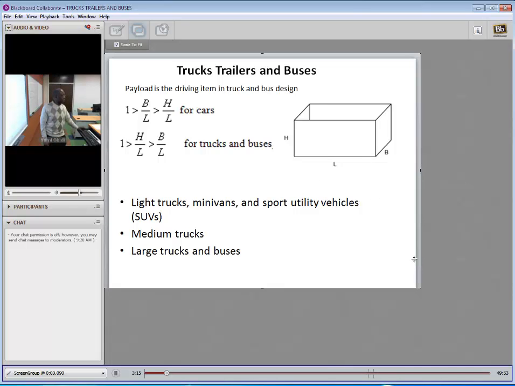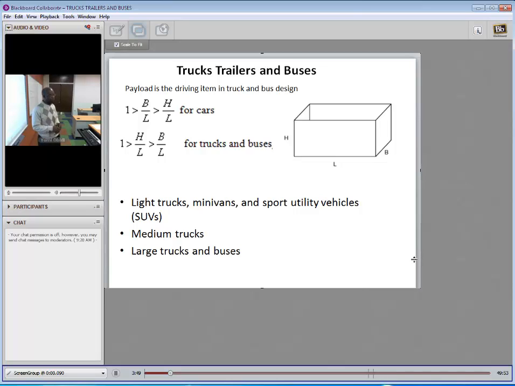In this study, we'll look at light trucks, minivans, and sport utility vehicles, essentially comparing them in the amount of drag that they incur. We'll look at medium trucks. Some of those medium trucks can be split into two, and have one as the high end of the light truck and the other as the low end of the large trucks.